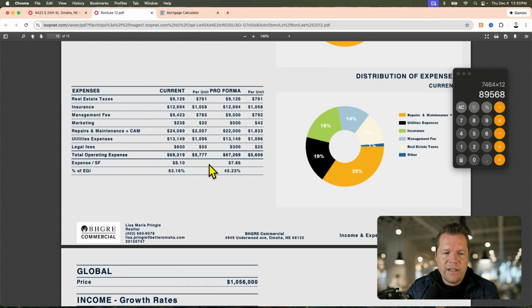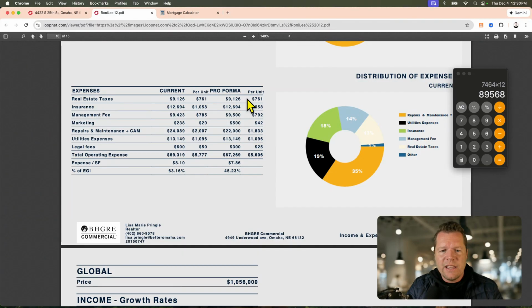Now, do you think that sounds realistic? Given that the real estate taxes are probably going to double, the insurance is probably going to go up by $4,000, the management fee might go up by $4,000, and repairs and maintenance probably stay roughly the same.